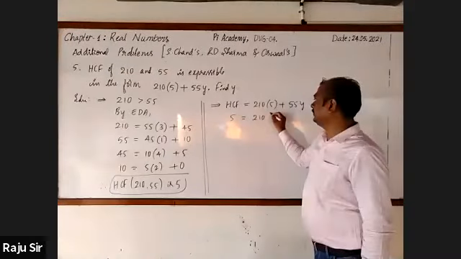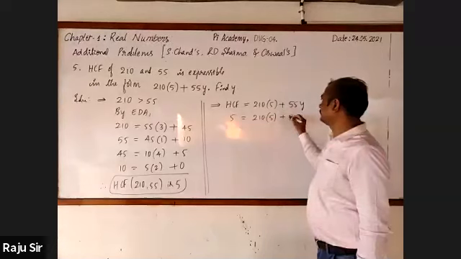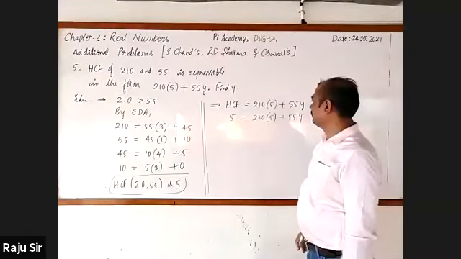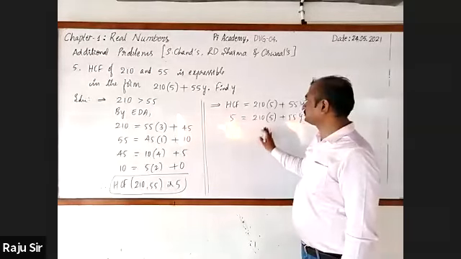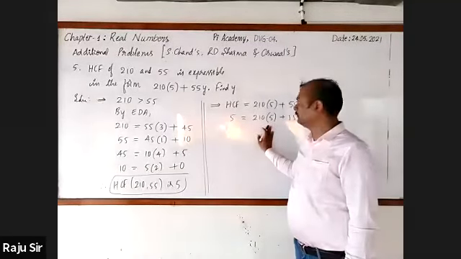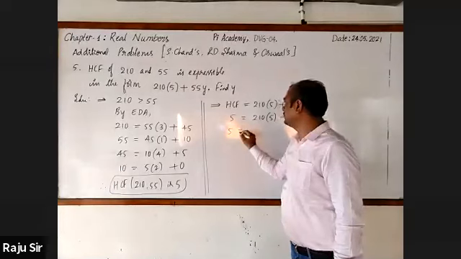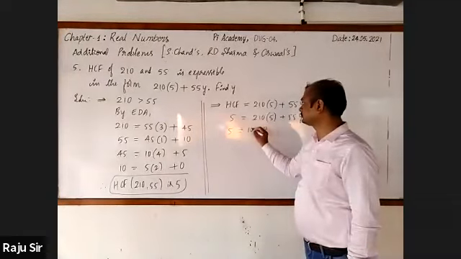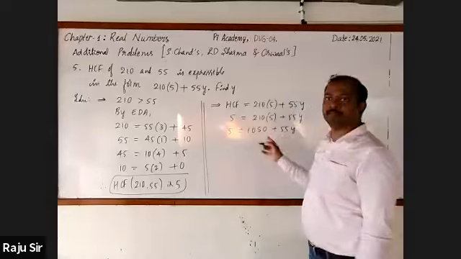So 5 is equal to 210 times 5 plus 55y, or else you can multiply it directly. 210 times 5 is 1050. So 5 equals 1050 plus 55y.